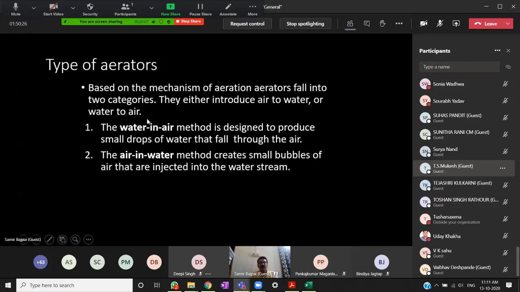So we have two types of system. One system is water in air, where you release water in contact with air. So you have fountains, cascades, etc. Then you release air into water. So any air diffuser system from compressed air will be an air in water system.